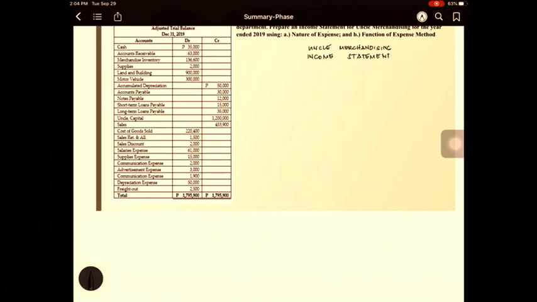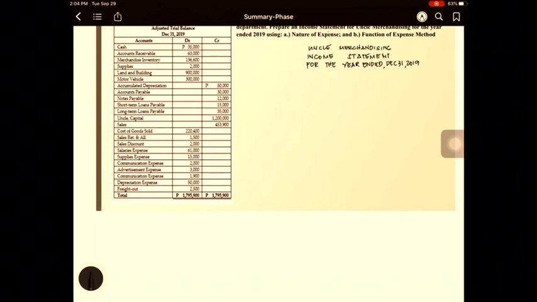And since we are dealing with temporary or nominal accounts, the proper way to date the report is to use the phrase "for the year ended December 31, 2019." Okay, so we are now ready to prepare your income statement.